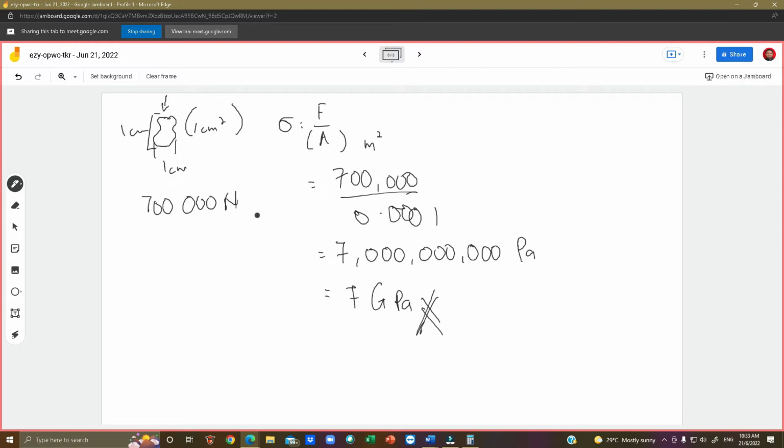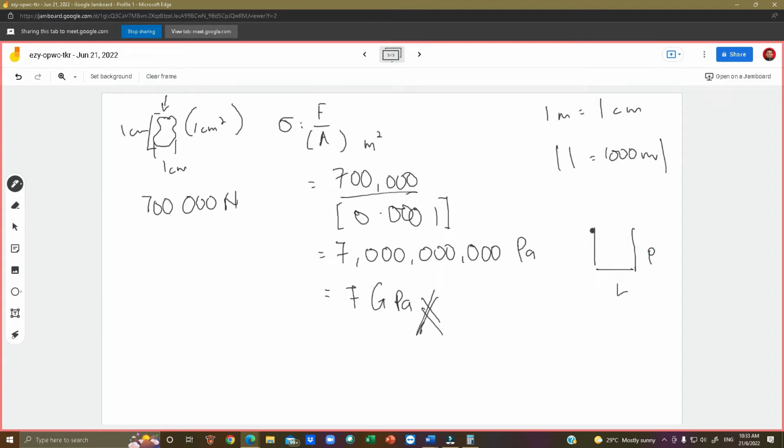So bila kita cerita stress ni kan, when we talk about stress and strain, you need to have this conversion tu elok-elok. Conversion dia kena betul dulu. Kalau tak nanti kan dia jadi ke laut. Okay, pasal kita selalu ingat 1 meter is 100 centimeter, 1 liter is 1000 milliliter. But when we talk about luas, dia ialah lebar kali panjang.